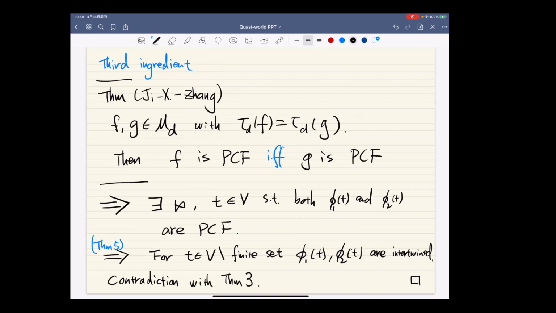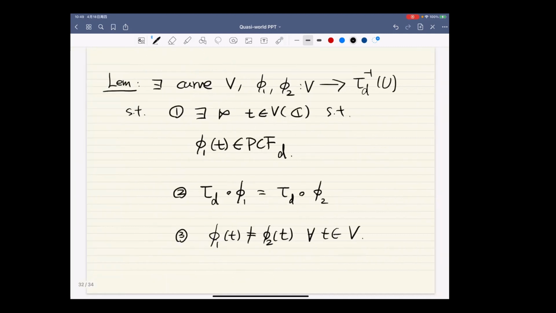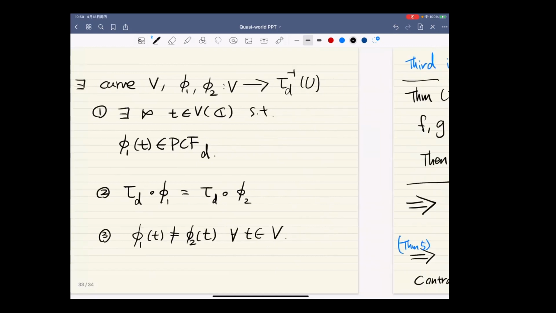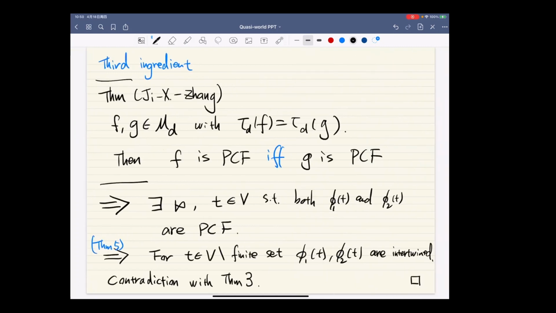So in this open set, two elements are intertwined if and only if they are the same point. So this implies that phi1t and phi2t are the same point. But in our construction, we ask that phi1t and phi2t are not the same. So we get a contradiction.